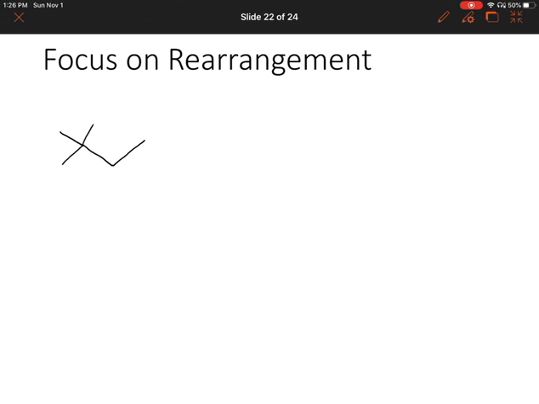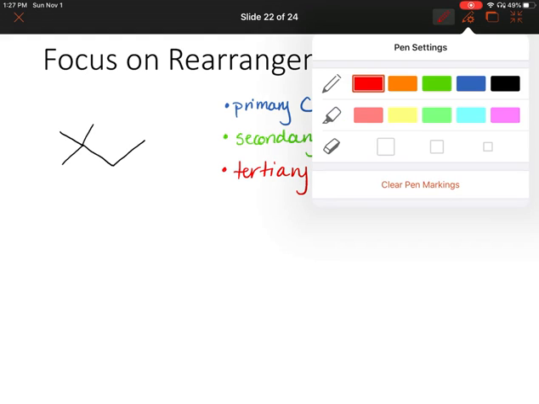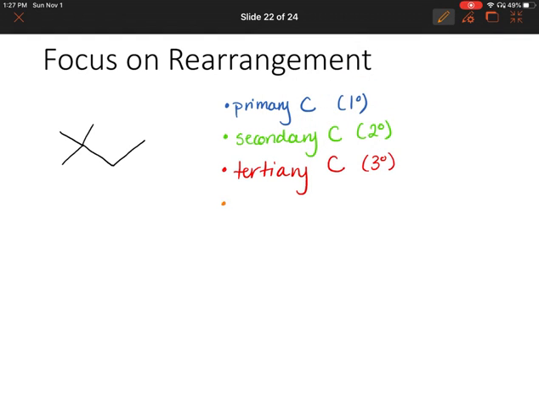And let's identify primary carbons, we'll identify secondary carbons, and tertiary carbons, as well as the last kind, which is a quaternary carbon.